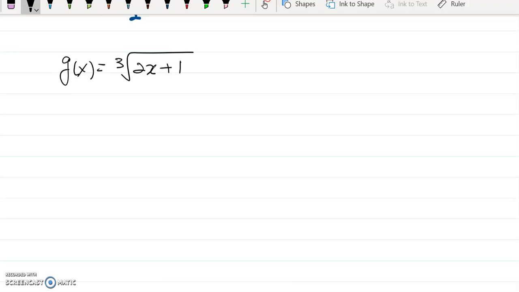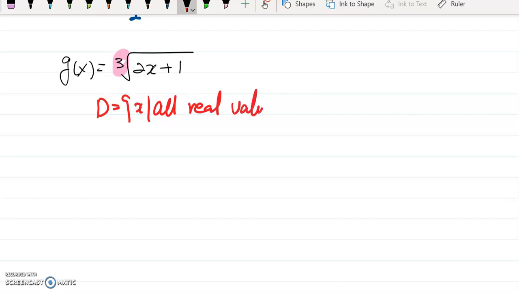No matter what, you see odd here, so you conclude that the domain becomes all real values. Am I making sense? Again, why did I choose all real values for cubic root of 2x plus 1? Because the cubic case covers both the positive direction and also the negative direction. That's why you can say the domain becomes all real values here.